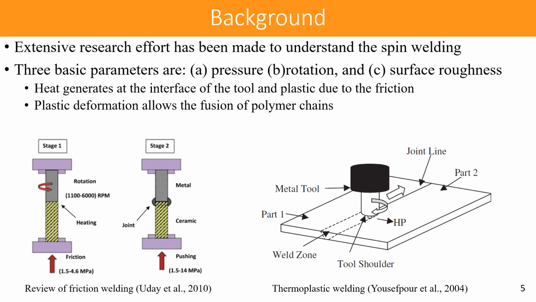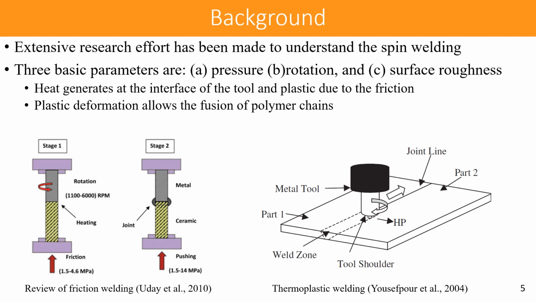There has been tremendous research effort in the past to understand the friction welding technology. The basic things about this technology are the pressure, rotation, and the surface roughness. I'm talking about the spin welding here.